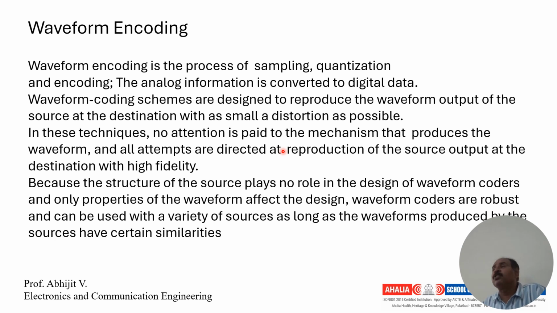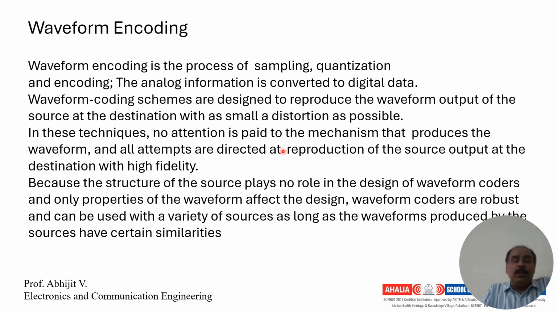At the other end, we need to recover the original signal. We will have some errors at many stages. For example, in quantization you will have a quantization error, which might slightly distort the signal. So our objective is to reduce the distortions as much as possible.